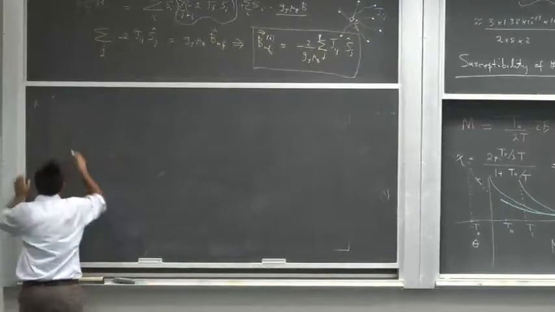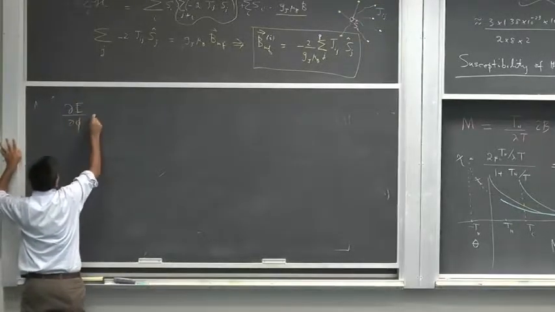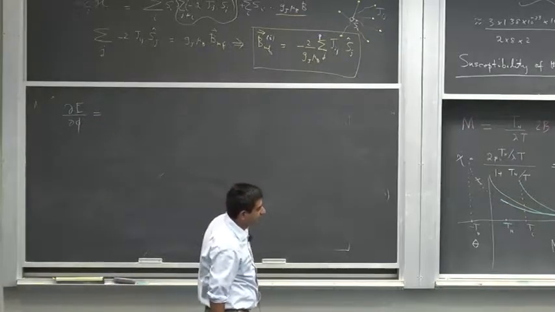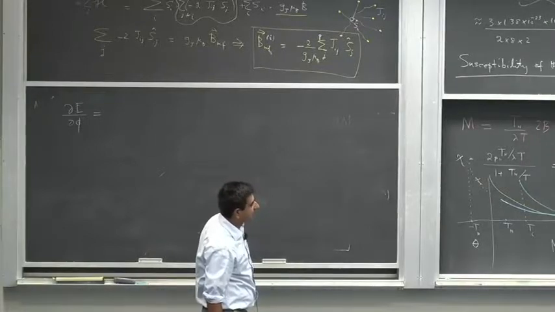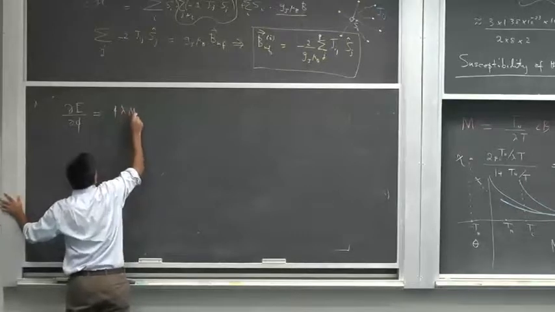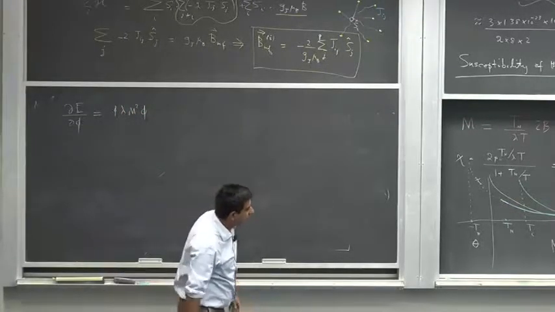So if I take the derivative of the energy with respect to phi, I can calculate the minimum energy. This is 4 lambda m square phi minus 2 mb.